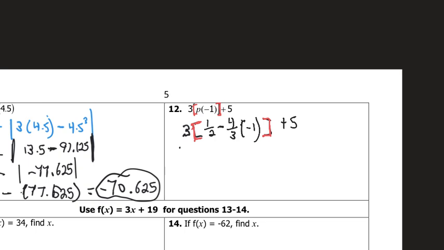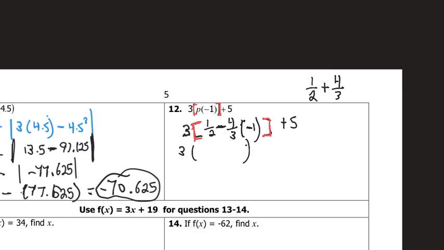And this gives you 3 times, and if we do all of this, with a p of negative 1, well, the p of negative 1 is a half plus 4/3. I can do the math over here. A half plus, because it's 2 negative minus a negative 1, 4/3. 1 times anything is itself.